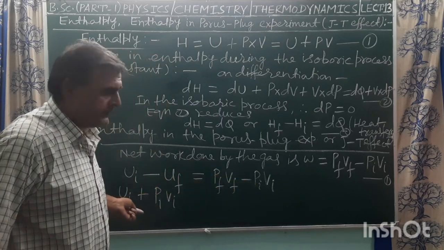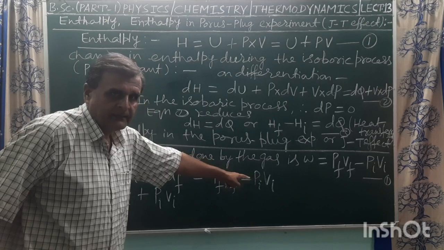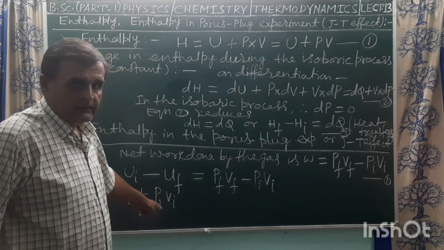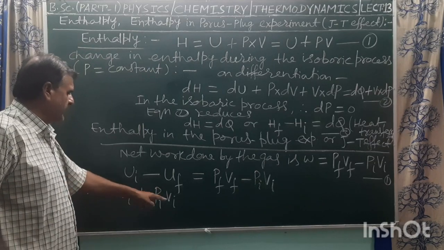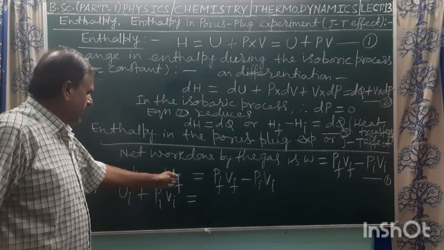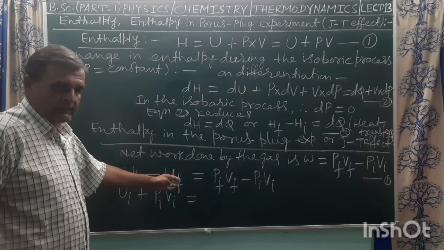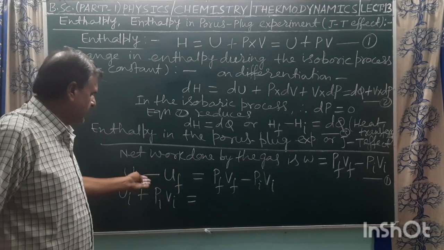to the LHS. So, negative term Pi Vi in the RHS becomes positive after taking it to the LHS. So, it is Ui plus Pi Vi equals to Uf. Now, Uf is negative. Before Uf it is minus sign, and it is taken into RHS, so it will become positive.